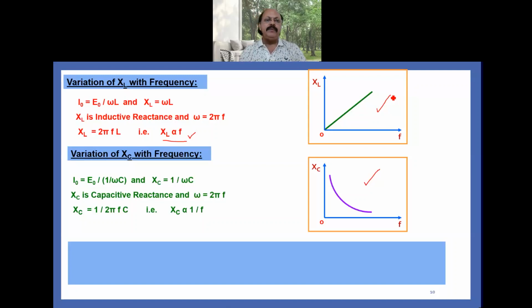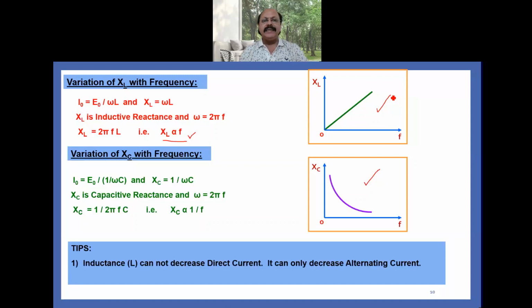Now the important tips for you: an inductor cannot decrease direct current, because in case of direct current the frequency is 0, so XL is also 0. It can only decrease alternating current, because alternating current has some finite value of frequency, that is for India 50 Hz.